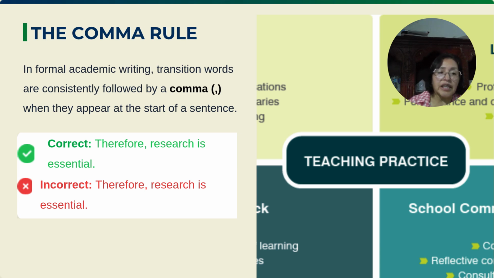The correct form is: Therefore, comma, research is essential. The incorrect form is: Therefore research is essential, without a comma. Remember, language detectives always check their punctuation to improve accuracy.